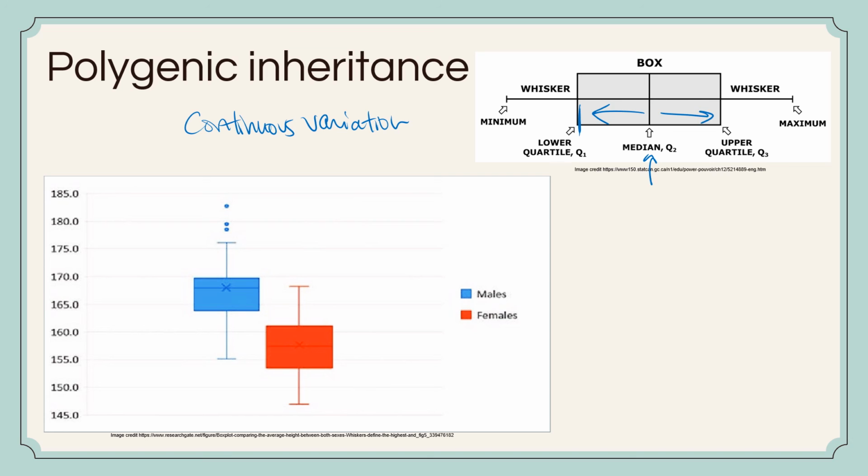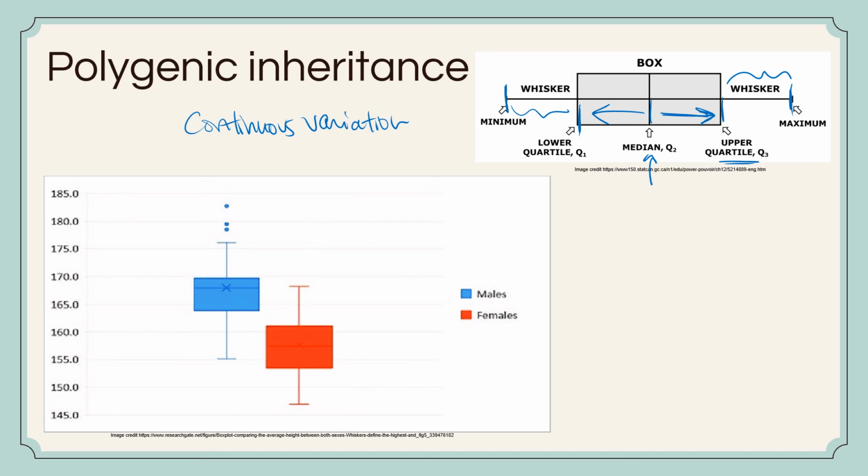The 25% of the data points that are between the median and the upper quartile, Q3, are also going in the box. And then we go into the whiskers, where the lowest 25% of the data points and the highest 25% of the data points are going to go in the whiskers.